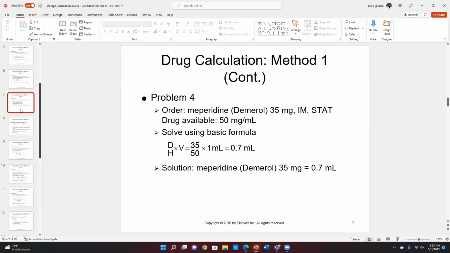Okay, so D over H times V. 35 is what's desired. 50 is how it comes. And then the vehicle is going to be 1 mL. So when we do the calculation, we will have 35 divided by 50 times 1 gives us 0.7 mLs. Okay, so the answer for this is going to be 0.7 mLs.